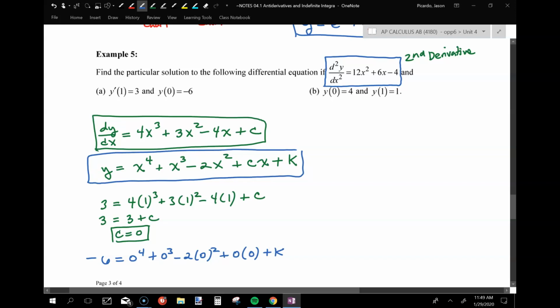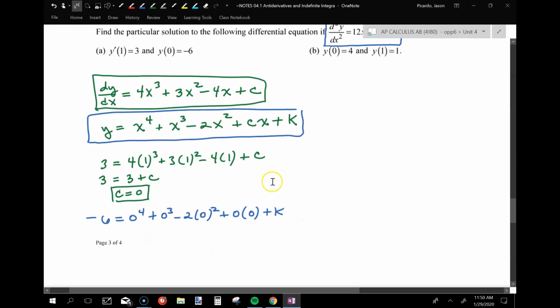And I get that. When I plug in 0, I get negative 6, right? So plug in 0, plug in 0, plug in 0. We know that c equals 0, so this would be 0 anyways, plus k. So what's the value of k? K has to be negative 6.